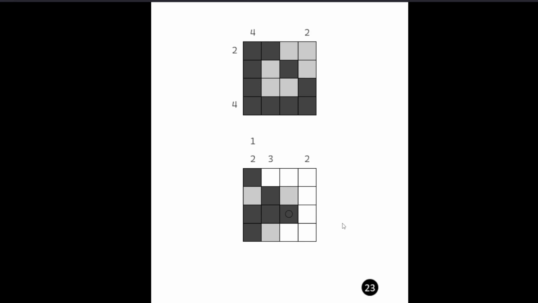Okay, so I did some no 2 by 2s logic, then I can fill this in. Then I need 2 here.